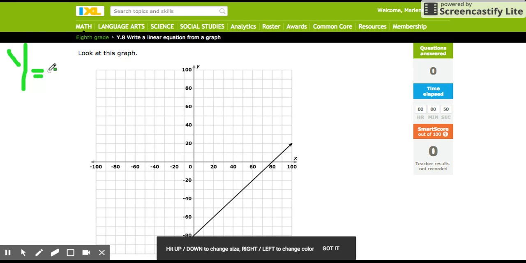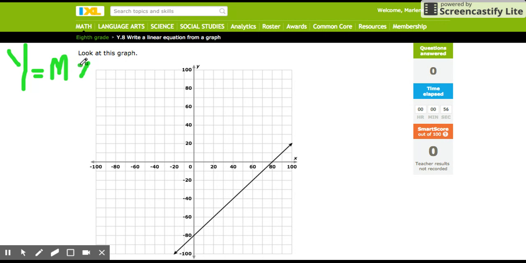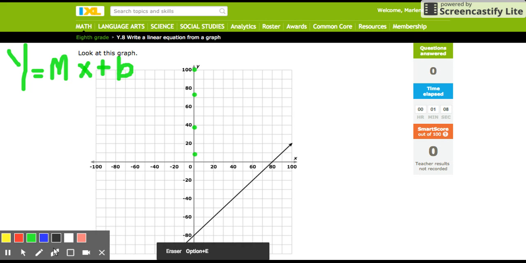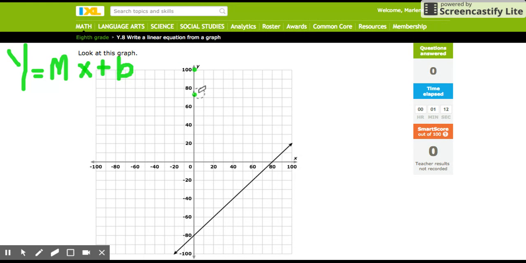So m is your slope. The number that's right here is your slope. There's always an x, that's your input, plus b. b is always the number that goes here. Guys, that number you're going to place on the y-axis.